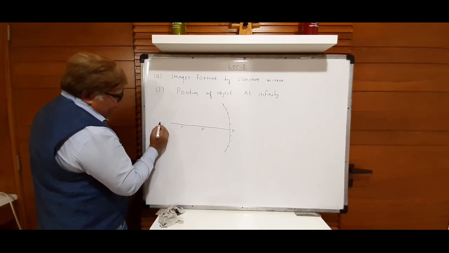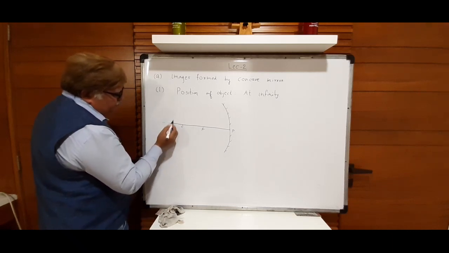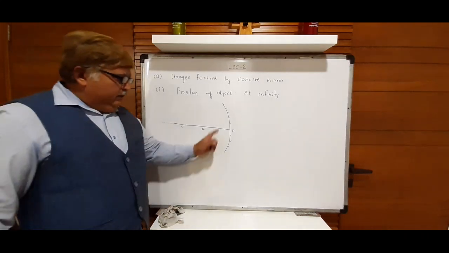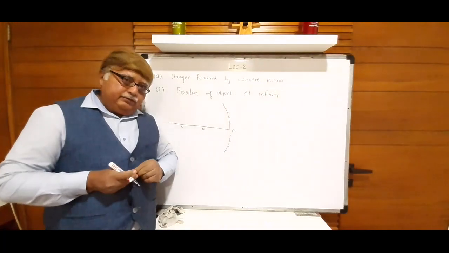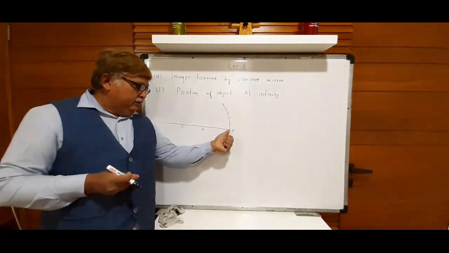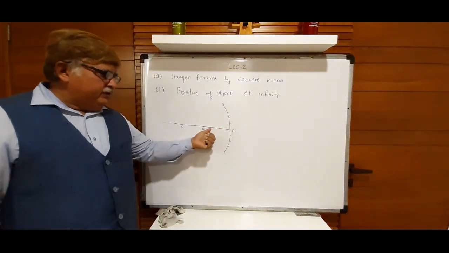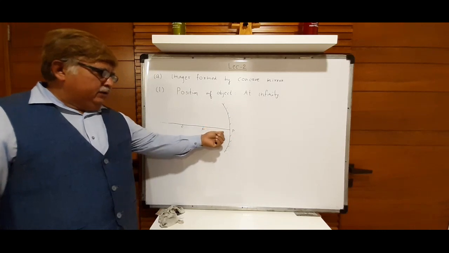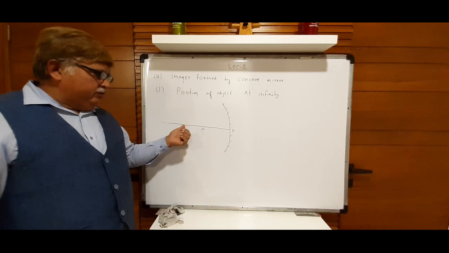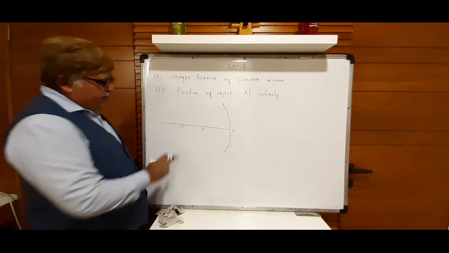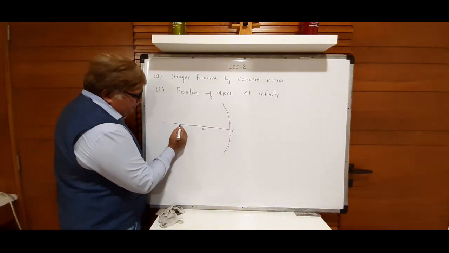Here you can draw dotted line also. While you draw the diagram, you should be conscious. Concave mirror, you can take some particular distance also, like 2 centimeter, 2.5, then this is also 2.5, to be exact. Here you need to be very exact regarding this.